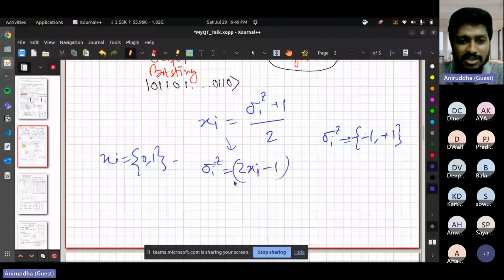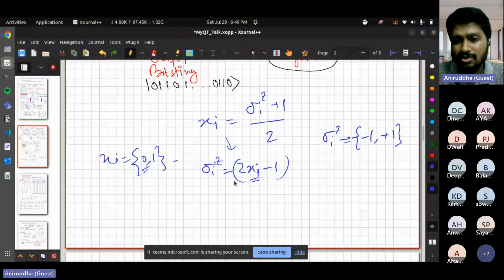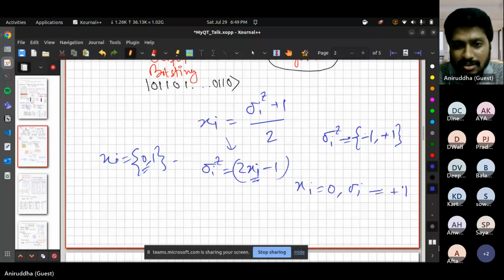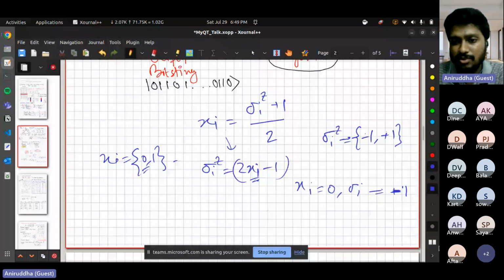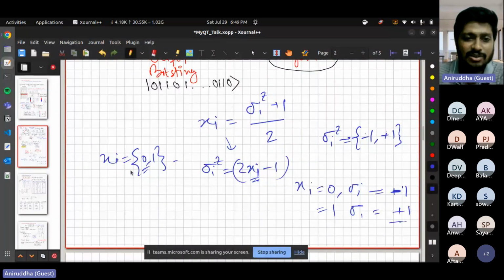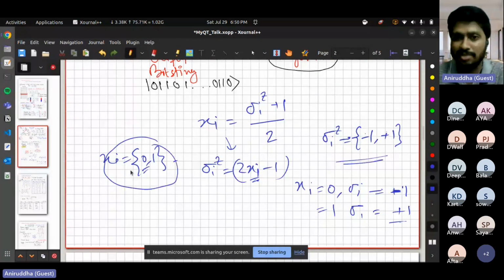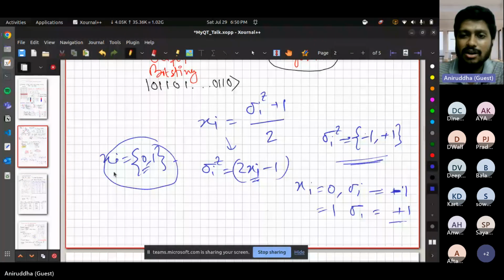Now if you put xi equal to 0, you get sigma i equal to, sorry, -1. And if you put xi equal to 1, you get +1. Basically you are changing the basis of the problem. Initially your problem was in the 0, 1 basis. Now it will be in the plus-minus, ±1 basis. Is that clear?